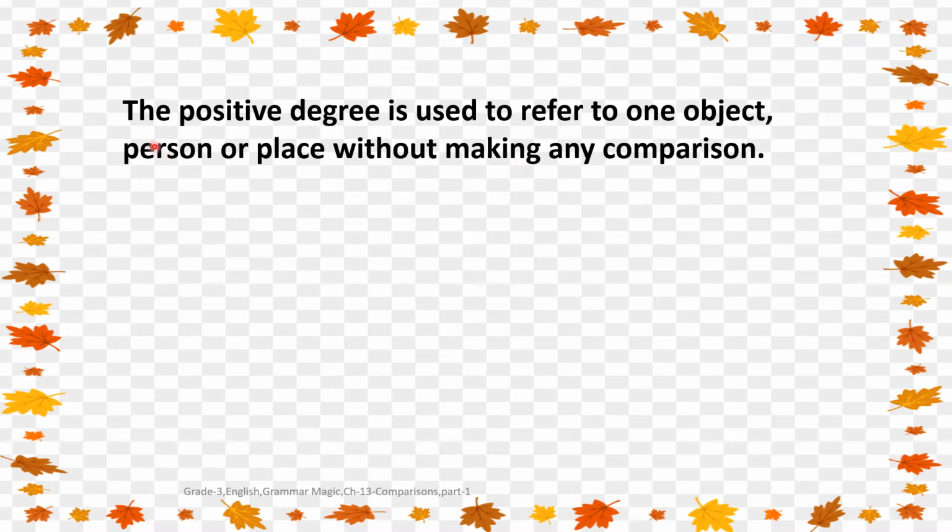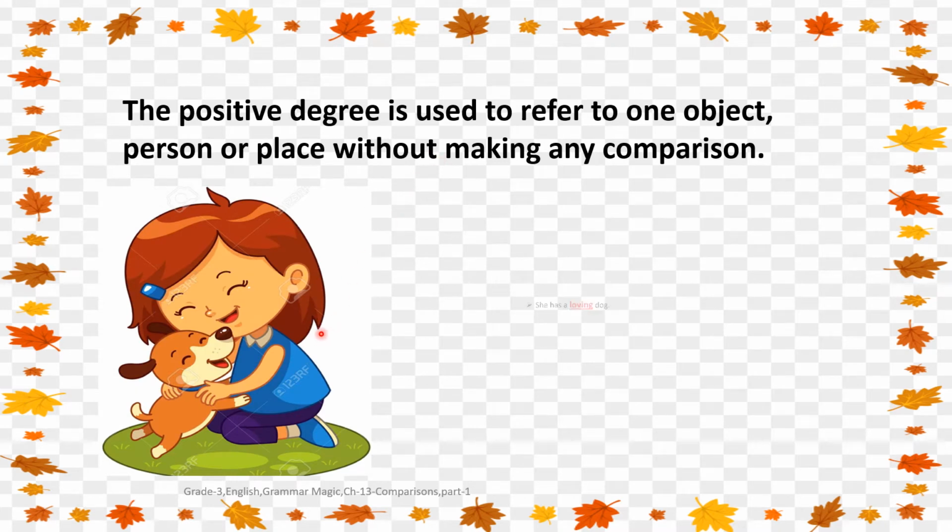Positive degree is used to refer to only one object, one person or place without making any comparison. Comparison means when we compare two things. It is called comparisons.